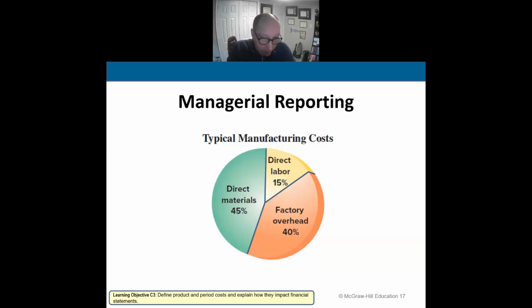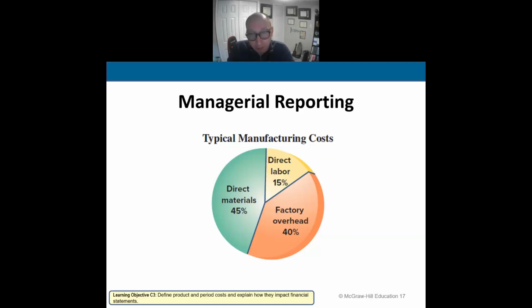In manufacturing, we have a lot of different types of reports. Remember, in managerial accounting, the reports that we generate are used internally. They're used by management, by employees.